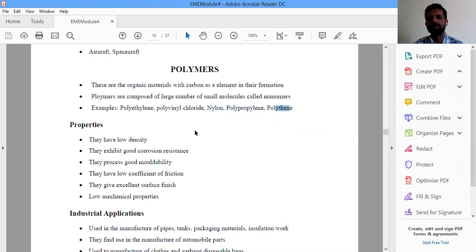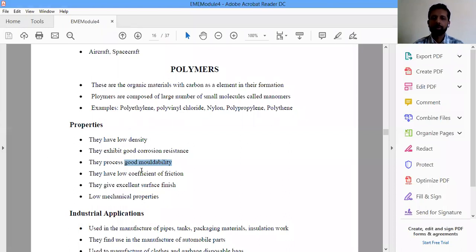Basically, all of these have common properties. They have very low density, that is, they are very light in weight. They exhibit good corrosion resistance; they don't get corroded so easily. They are also very good in moldability, that is, they can be brought to any shape, even complicated shapes, very easily.